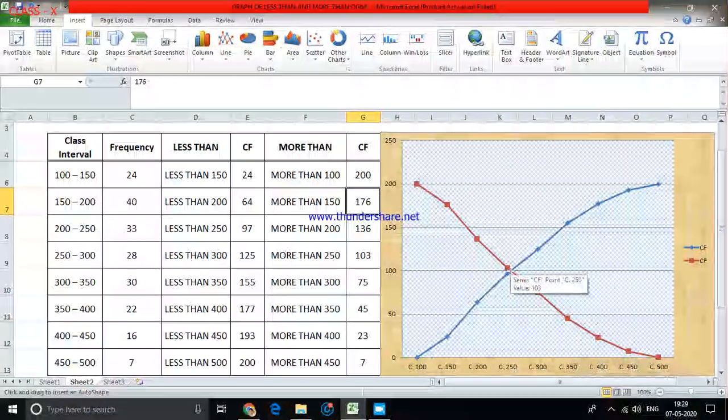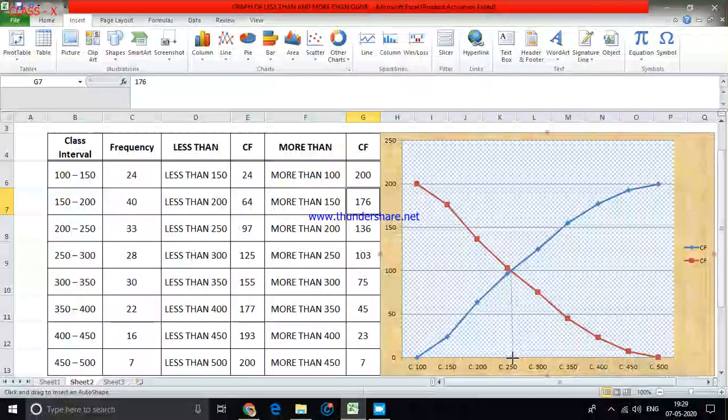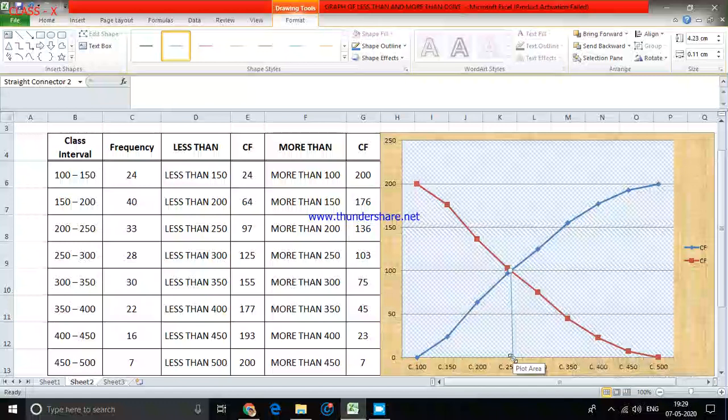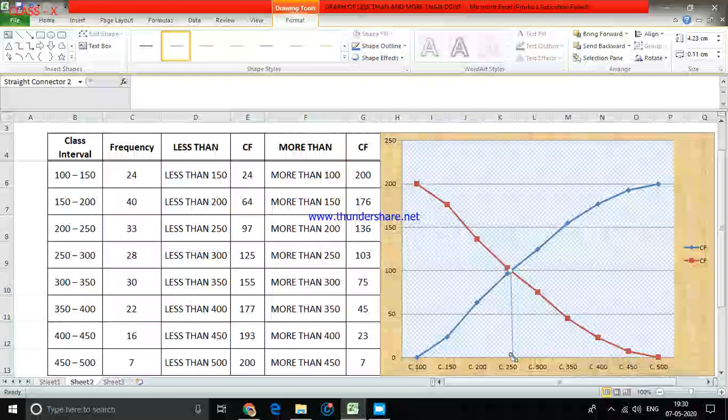From that intersection point, just draw one straight line to the x-axis. Understood? Just from the point of intersection of both the ogives, you draw the straight line till it touches the x-axis. So whatever is the value on the x-axis, that will become the median.